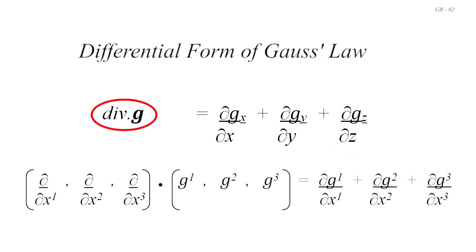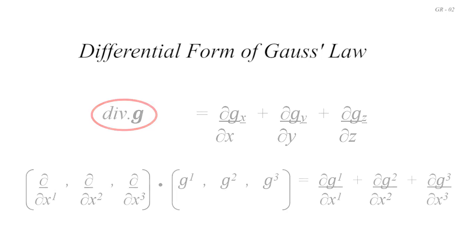If this divergence at the point is positive, then more lines come out of the point than go into it. If it's negative, then the opposite is true. If it is 0, then the sum total of what comes out of a point minus what goes in is 0. What comes out equals what goes in.